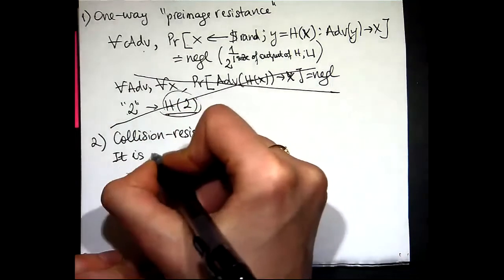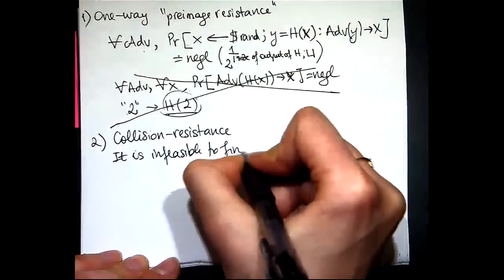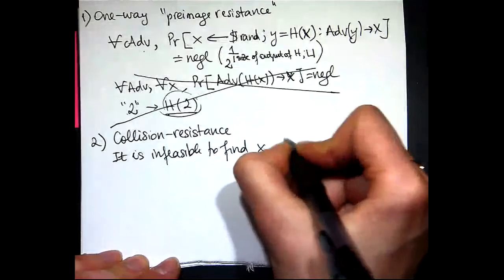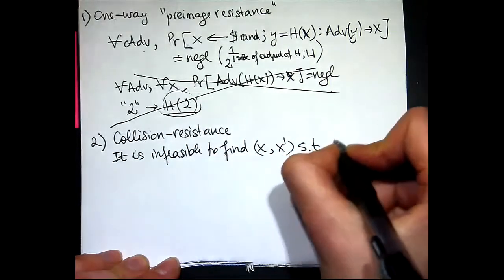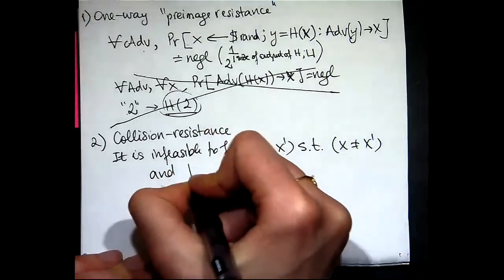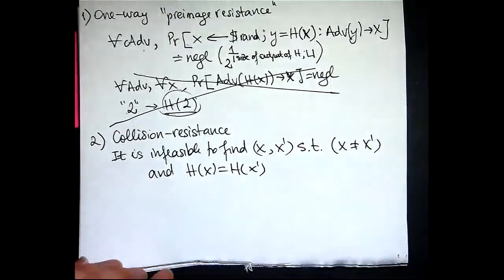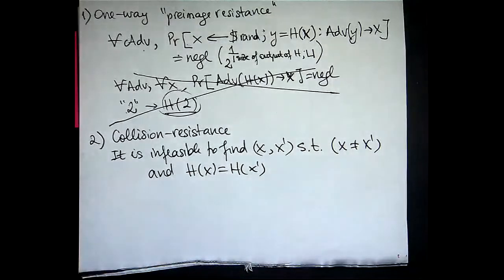So it is infeasible to find X and X prime such that they are different and they hash to the same value. This is a collision.